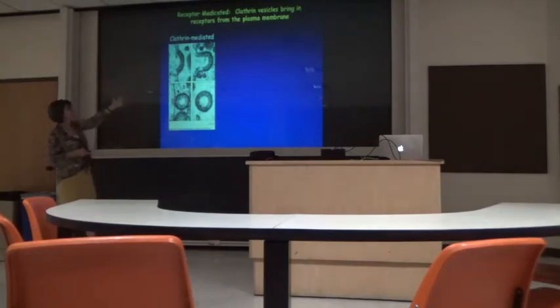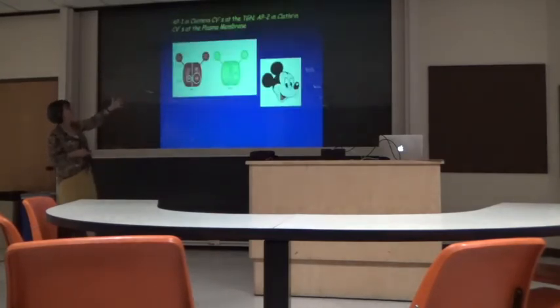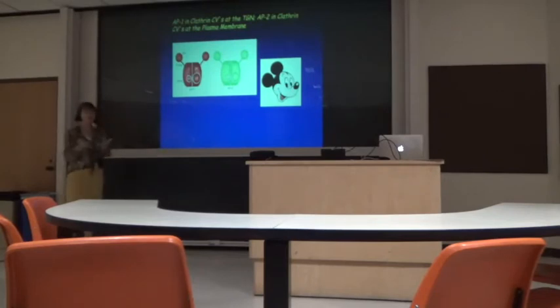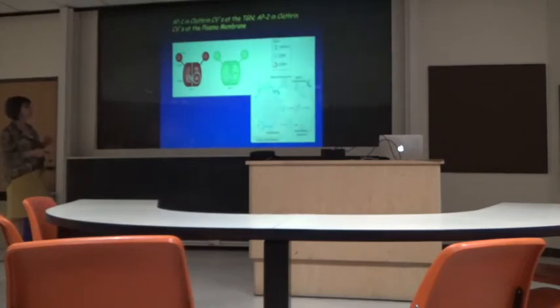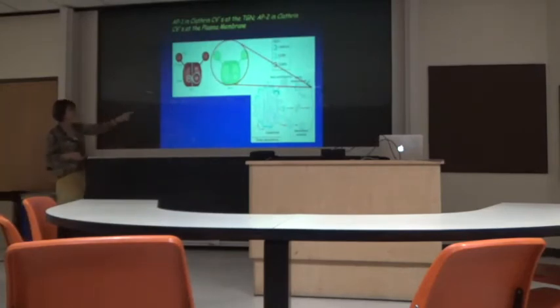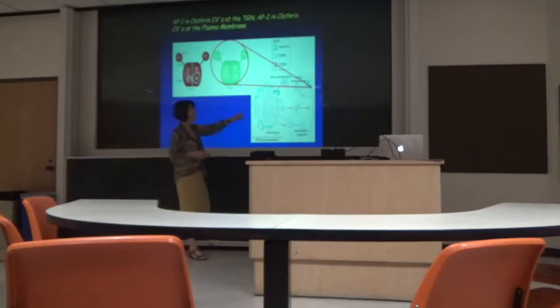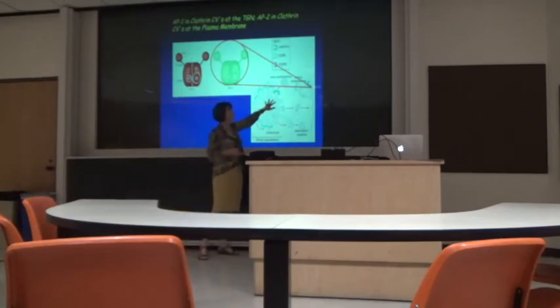This shows clathrin coats right here. And this shows the difference between AP1 and AP2. Remember that clathrin has 2 kinds of coats. These proteins, when purified and you look at their structure, look somewhat like Mickey Mouse right here. The AP1 coat, clathrin plus AP1, is at the trans-Golgi network.